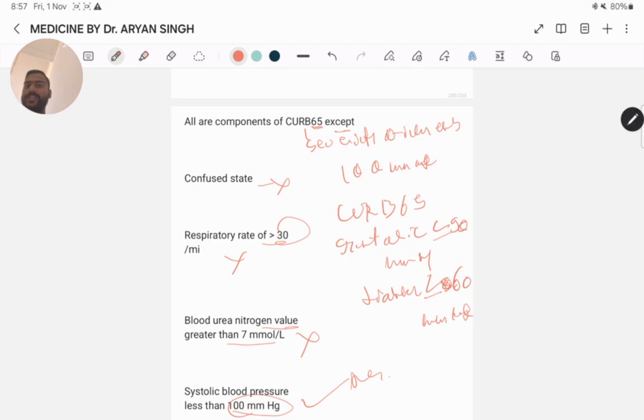It includes confusion, urea more than 7 mmol, respiratory rate more than 30, blood pressure systolic less than 90 mmHg or diastolic 60 mmHg, and age more than or equal to 65 years.